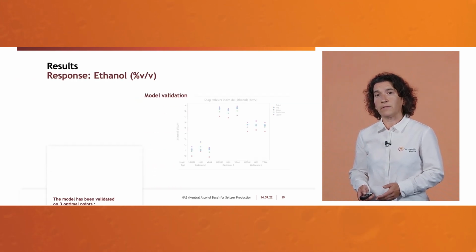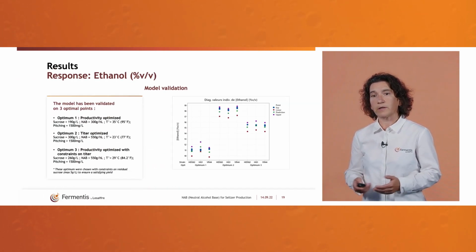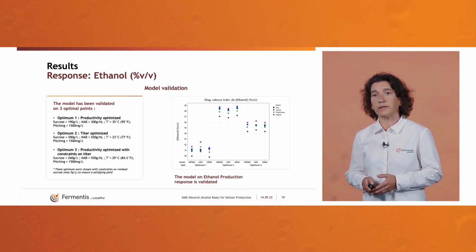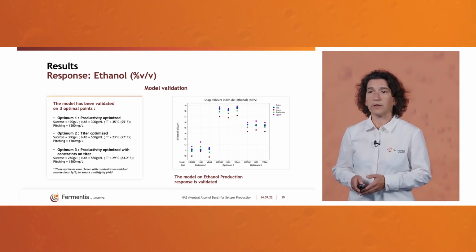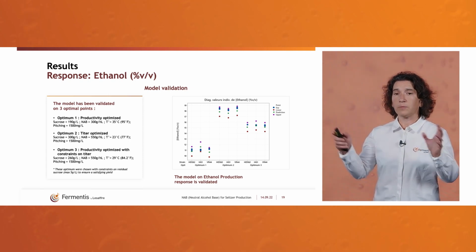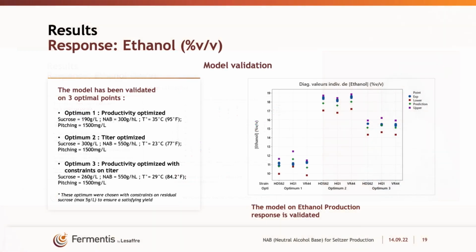So after the collection of all the data, we have built a model, but we also have to validate this model. So to validate this model, we select different points at different parts of the model: an optimum for the productivity, another optimum for the production of ethanol, and another optimum that is going to link productivity and the titer of ethanol.